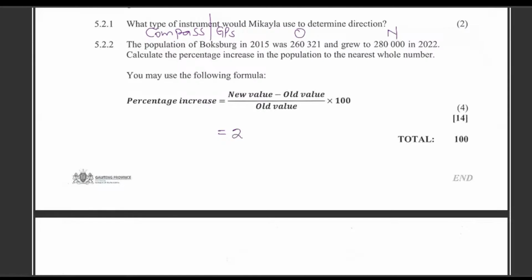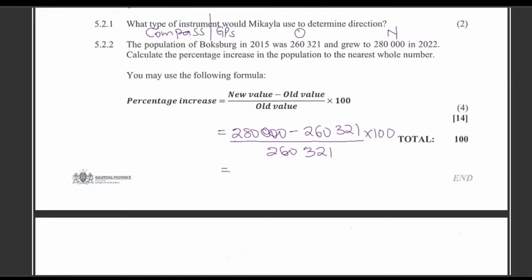So the new, which is 280,000, minus 260,321, divided by 260,321. So don't forget, I'm here doing this, you get a mark for substitution.